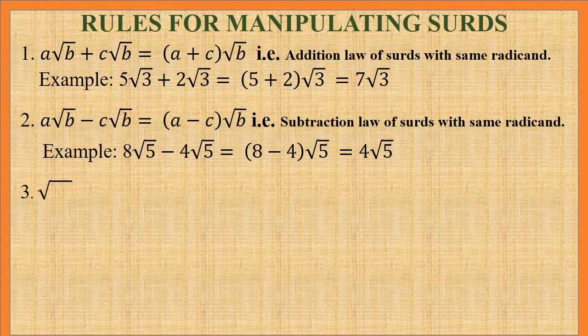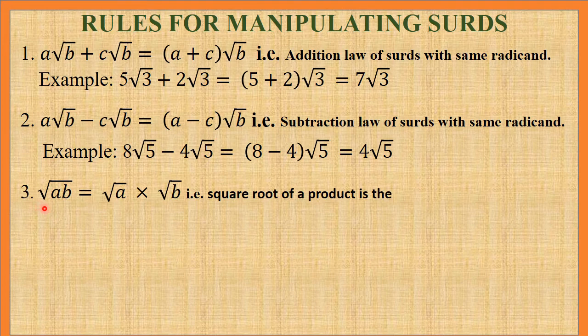Then the third rule: the square root of ab can be expressed as root of a times root of b. That gives us the square root of the product of the radicands.